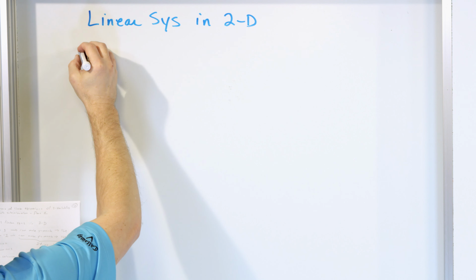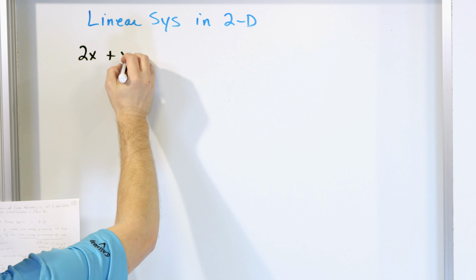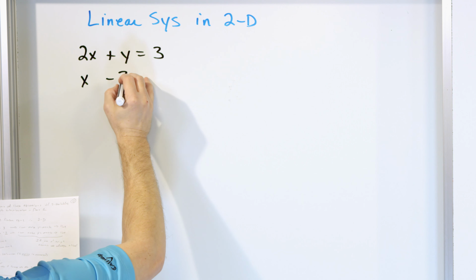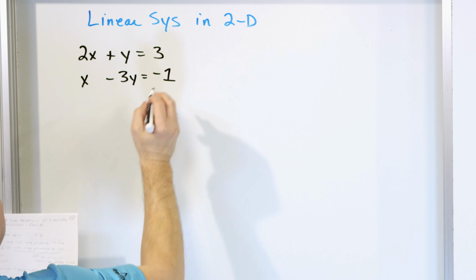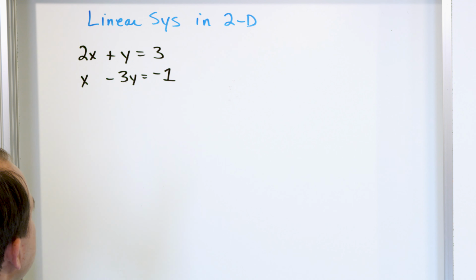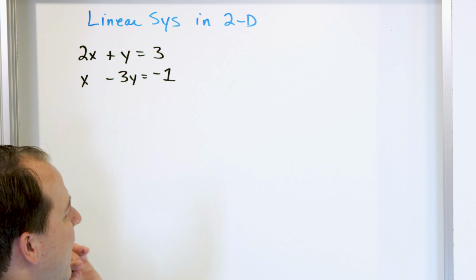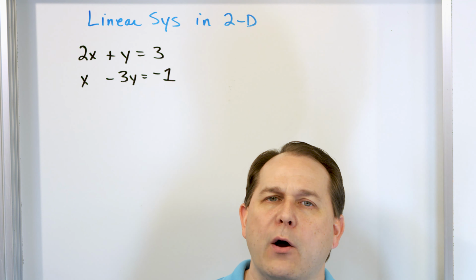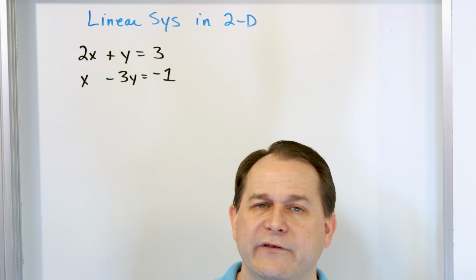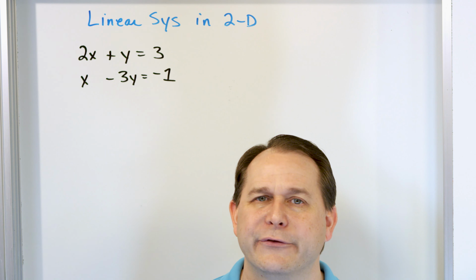Well, it might have something like this. 2x plus y is equal to 3. And the other equation might be x minus 3y is equal to -1. Now, this is a system of equations because there's two equations. There's also two unknowns, x and y. So what you're really trying to do is figure out what value of x and y will both satisfy both equations at the same exact time. That's going to be the intersection point.